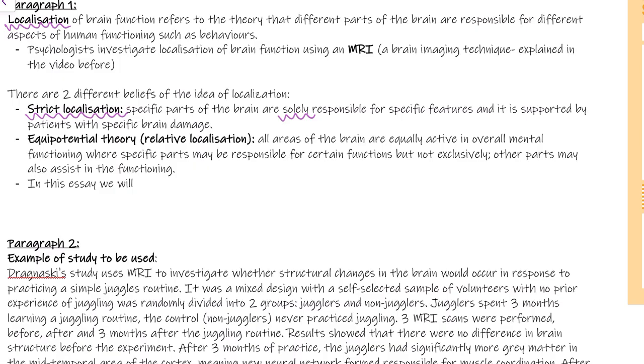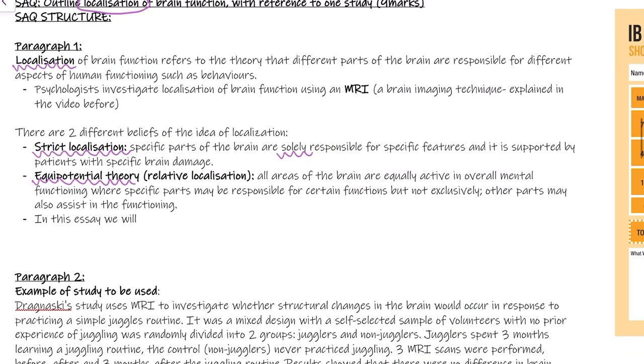The other theory is the equipotential theory, or you can refer to it as the relative localization theory, and it suggests that all areas of the brain are equally active in overall mental functioning, where specific parts may be responsible for certain functions but not exclusively. Other parts may also assist in the functioning. So these are the three key points we need to explain in paragraph 1.